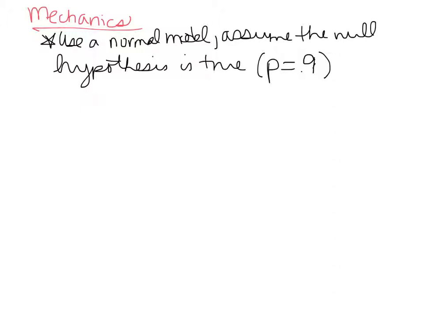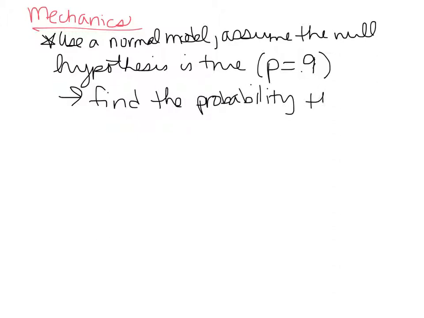So from there, we would like to find the probability that we end up getting this particular p-hat, this particular sample proportion. So we want to find the probability that 376 out of 400 homes have smoke detectors.